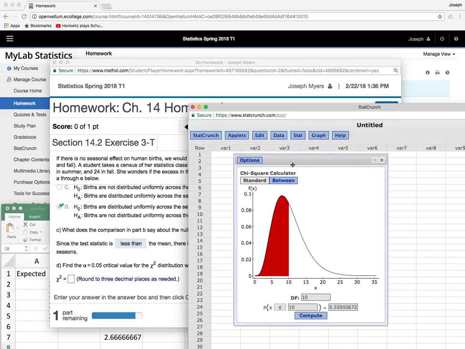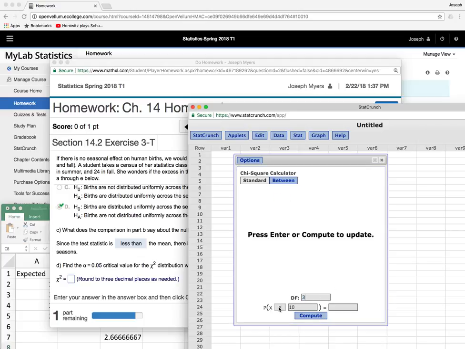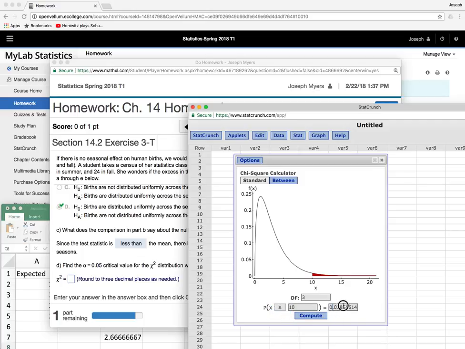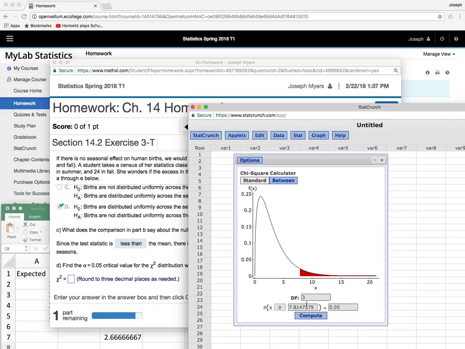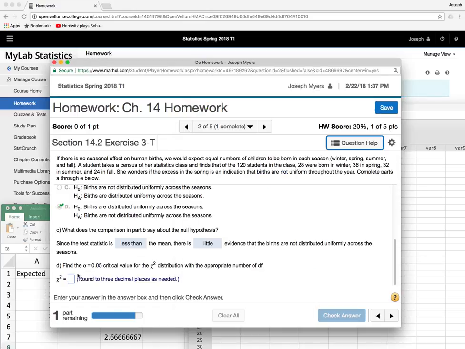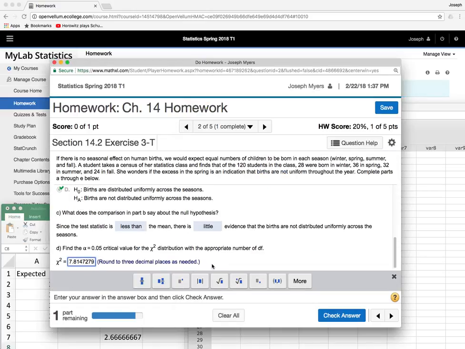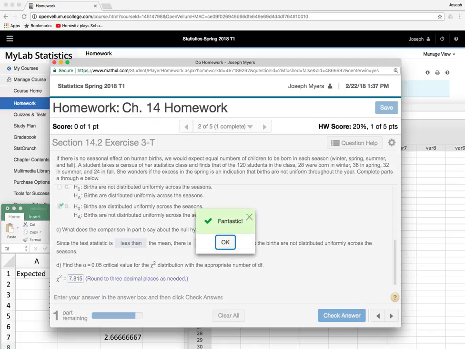And it's going to be standard, and it has 4 seasons, so there's 4 minus 1 is 3 degrees of freedom. And I want to find the probability that it's greater than something is equal to 0.05. And the value I get is 7.814. 7.81 rounds off to 7.815. Excellent.